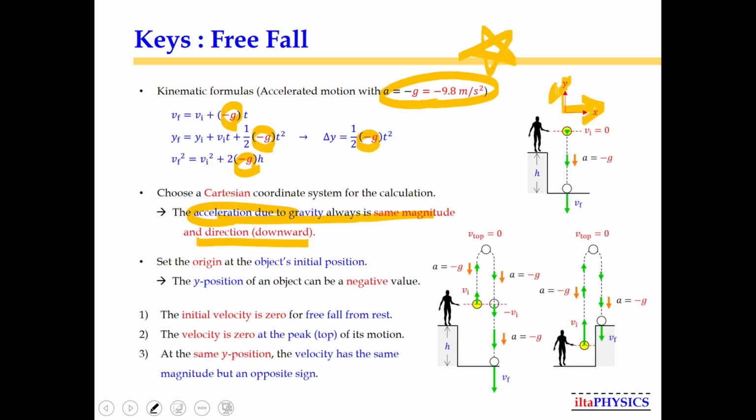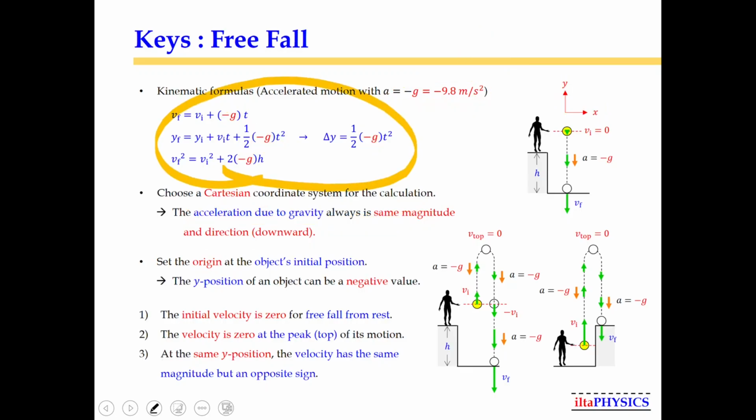Now let's look at the three main kinematic equations for one-dimensional accelerated motion that we already know. First is the velocity equation. The final velocity of a falling object is the sum of the initial velocity and the product of acceleration and time.